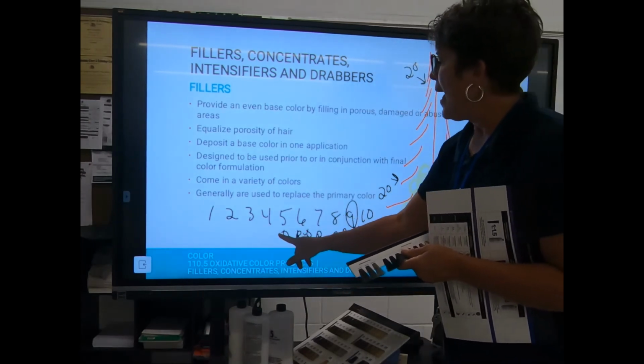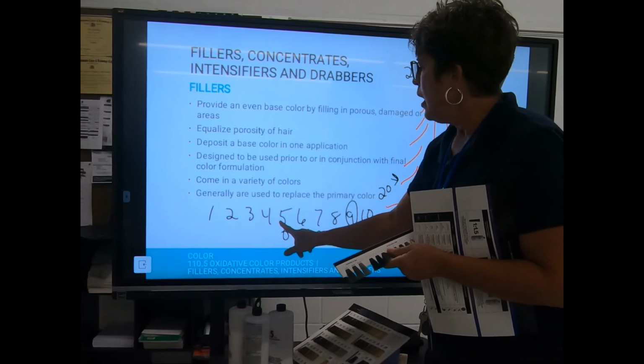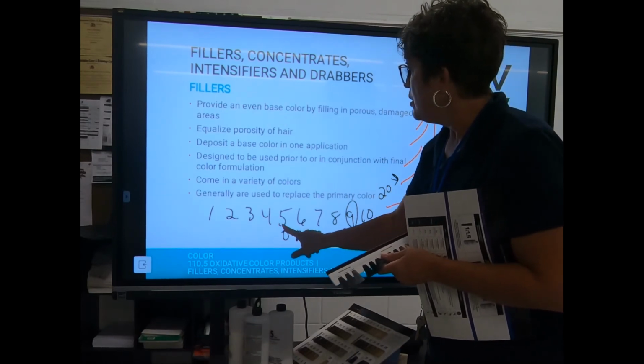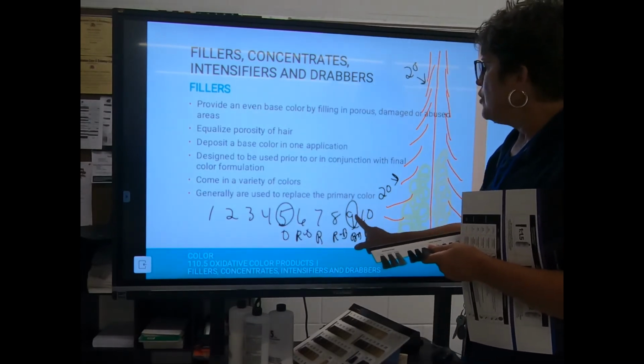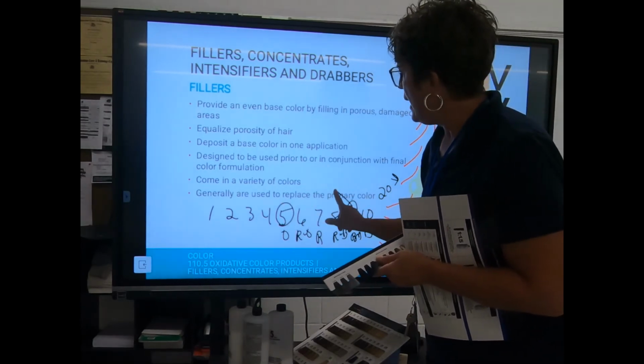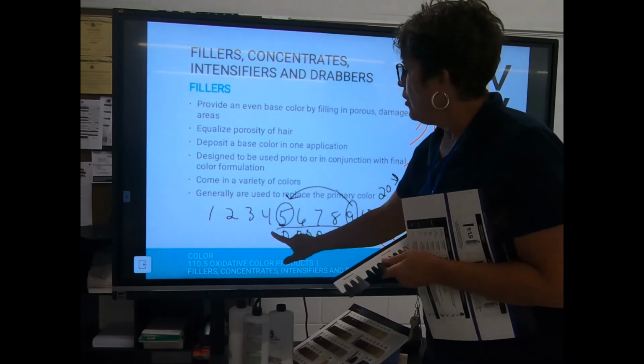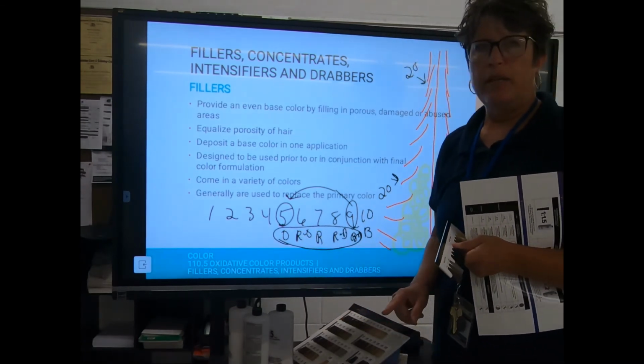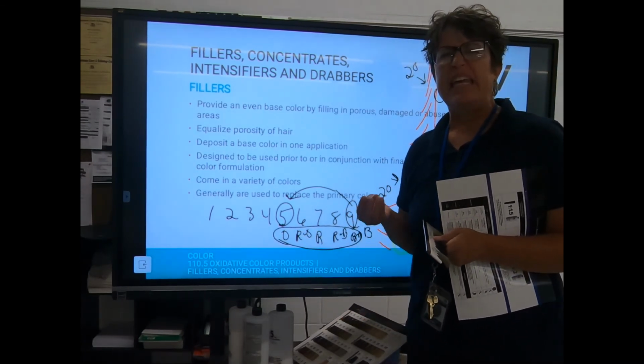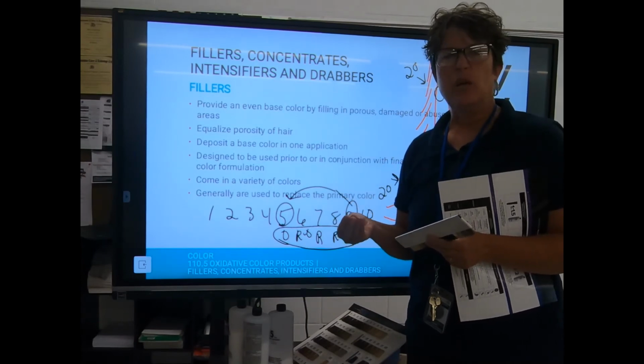Okay, and you're going back to this color. So if you just take a brown and put it on here, you are missing all of that underlying pigment in between there. You're going to get a muddy, ashy, ugly looking brown.